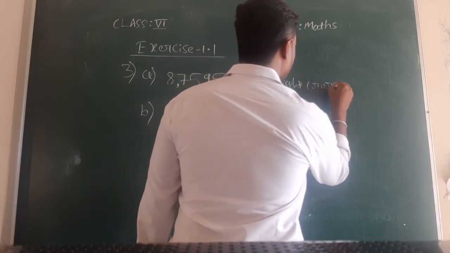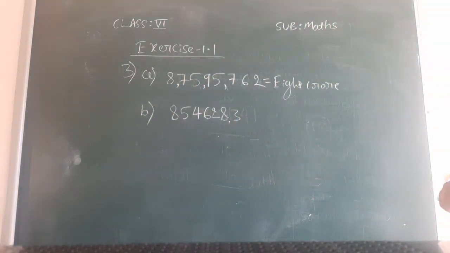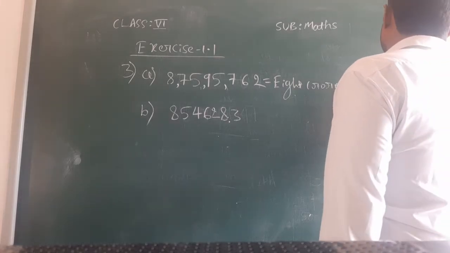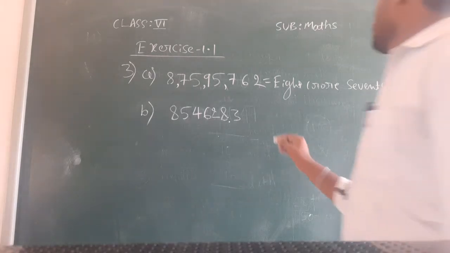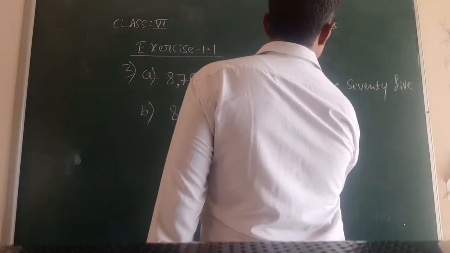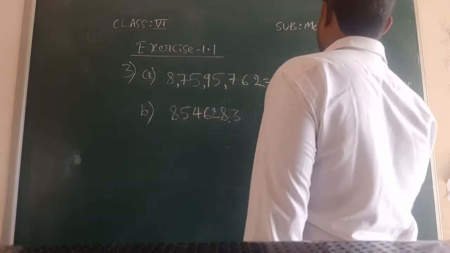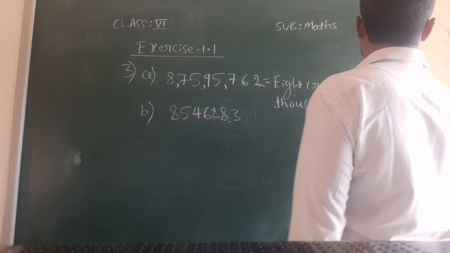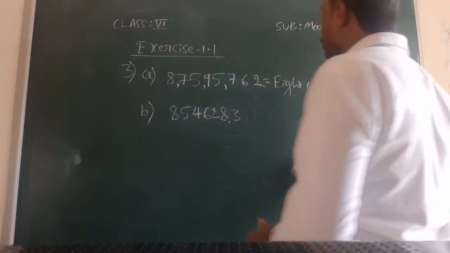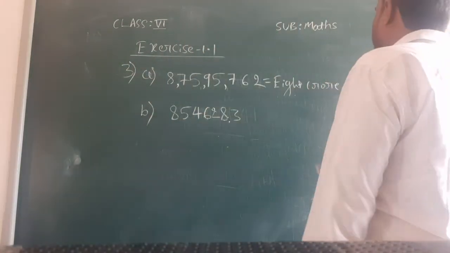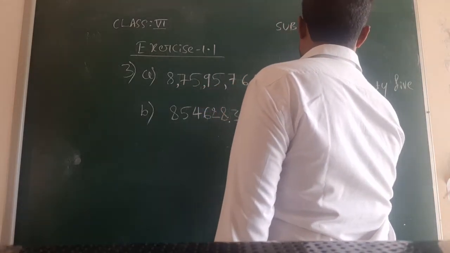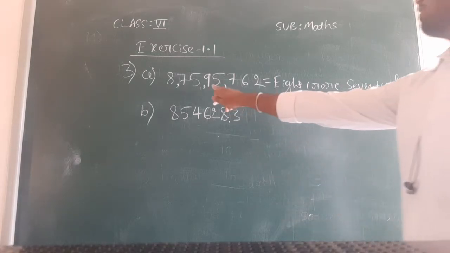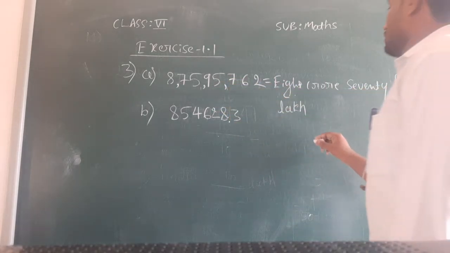So now I will write this in words. 8 crore. Sorry, this is 75 lakhs. After the crore position, what do we have? Lakh. 10 lakh and lakh. Therefore, 75 lakhs. After lakh, we have 10,000 and 1,000.